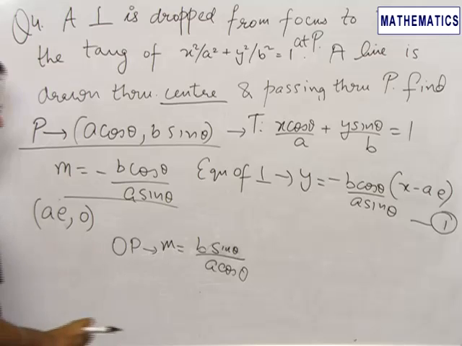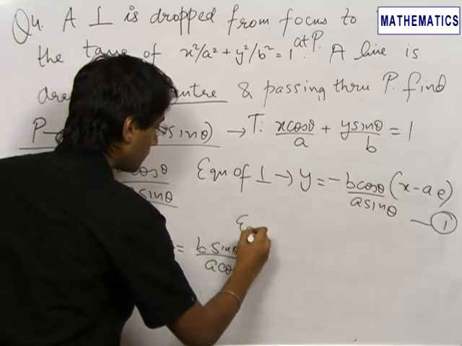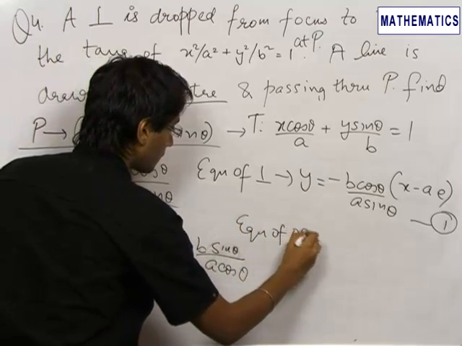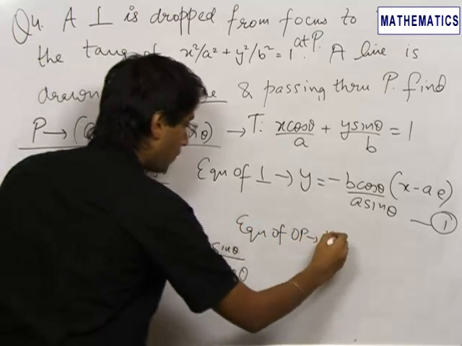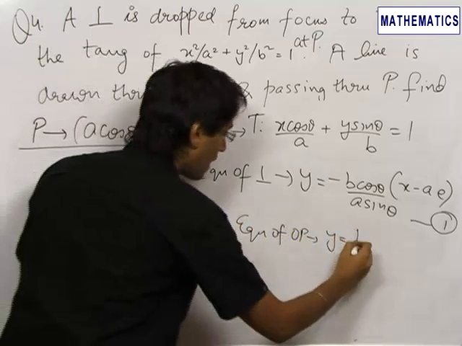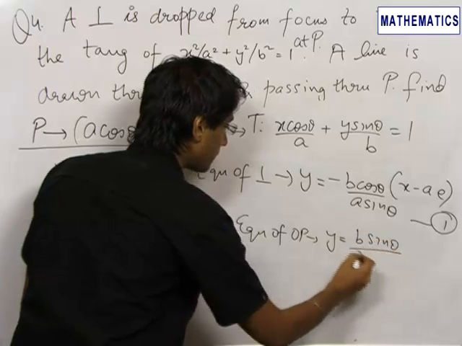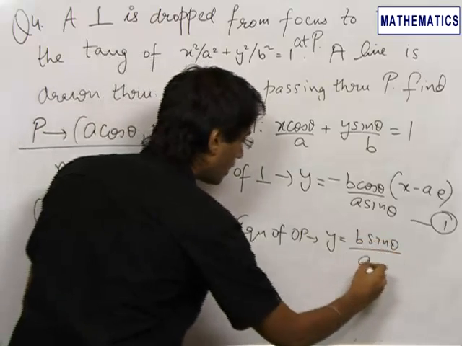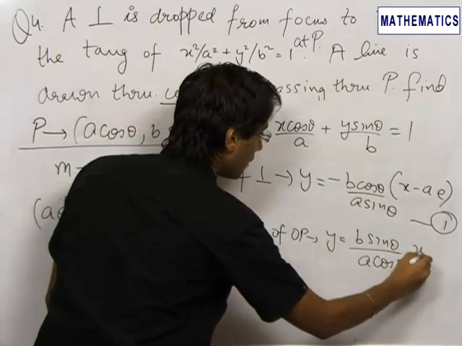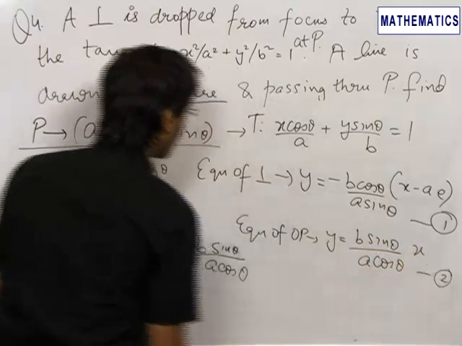So the equation of OP becomes y is equal to mx, that is y is equal to B sin theta upon A cos theta x. This is the second equation.